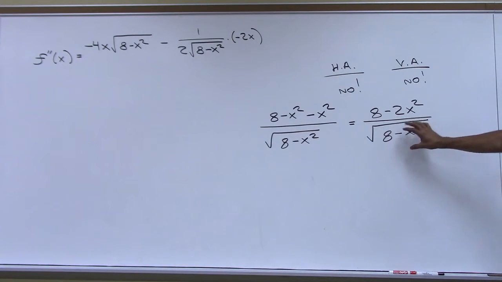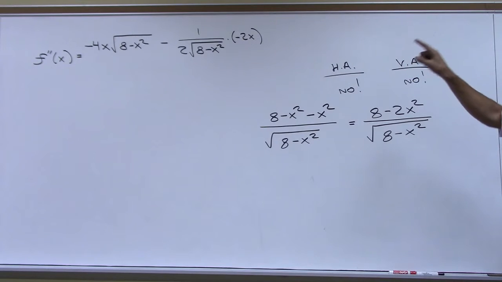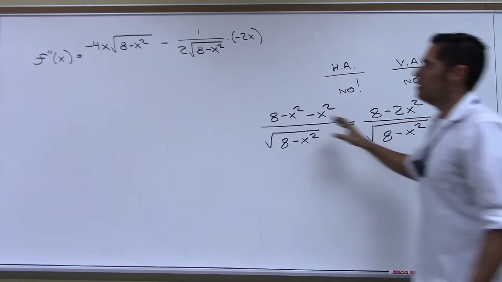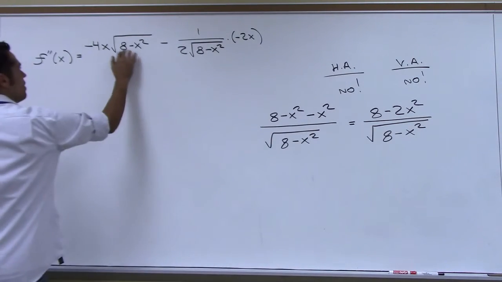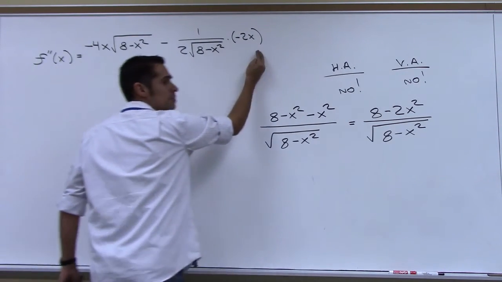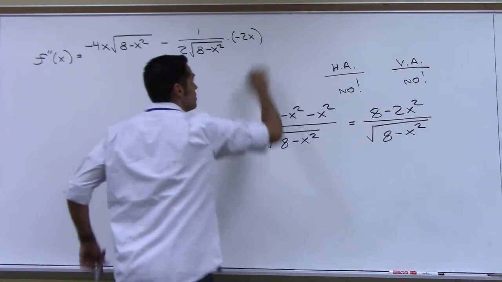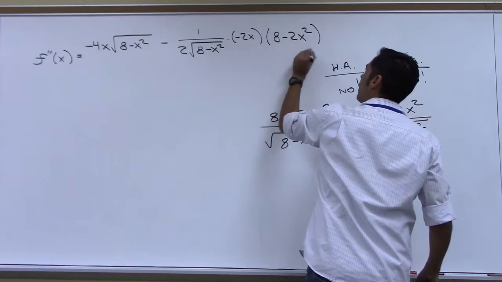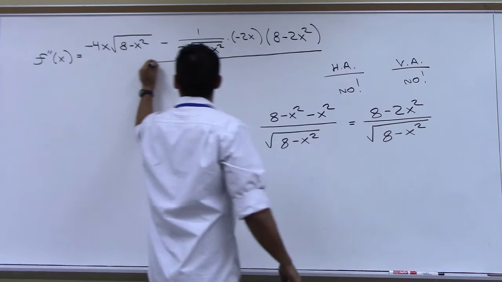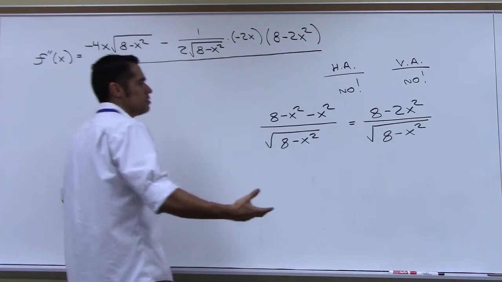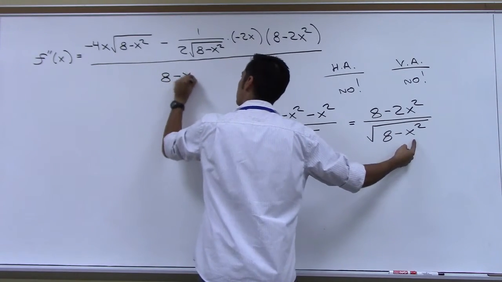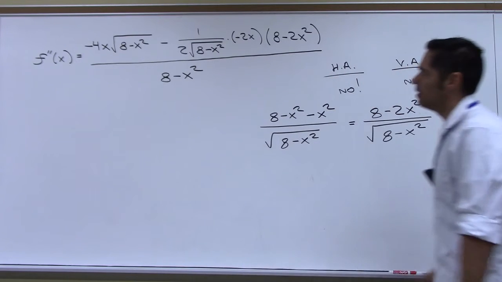That was the derivative of the bottom, right? Times the top, right? Everyone agree? Derivative of the top times the bottom minus the derivative of the bottom times the top. So I've got 8 minus 2x squared. All over, well, this is good news, right? This thing squared is 8 minus x squared. It's about the best news we had all day right there with this problem.